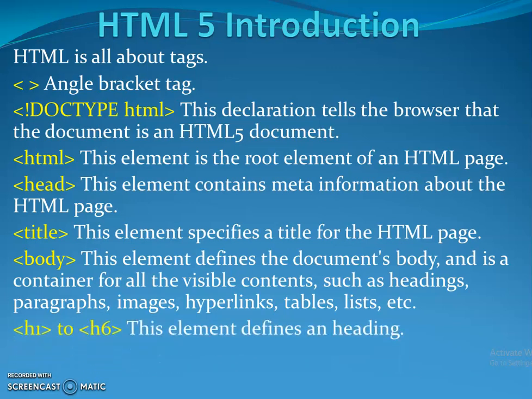Now let's talk about H1 to H6. Now these are elements that define headings, right? Now H1 is the biggest, while H6 is the smallest. The bigger the number, the smaller the text gets, the smaller it appears, right?